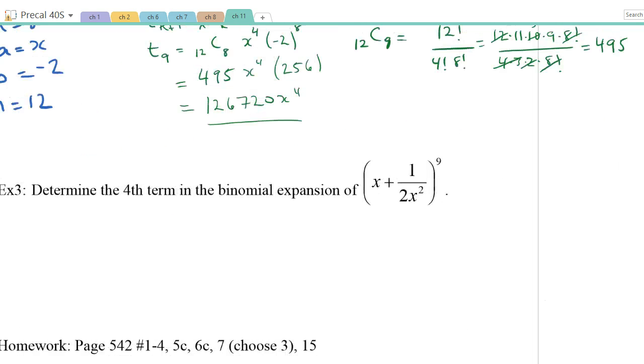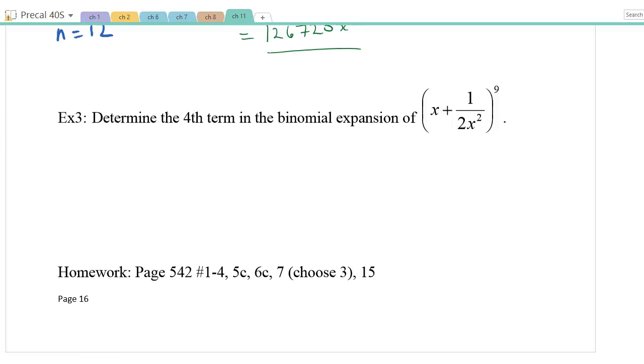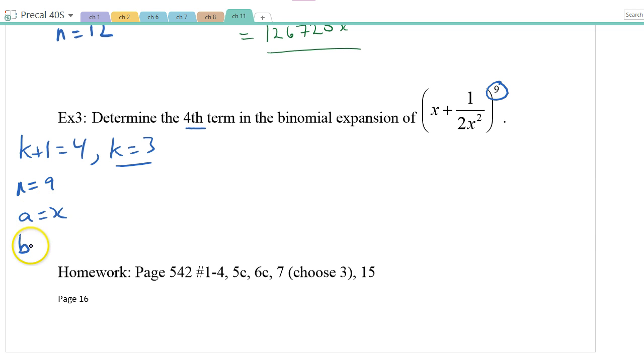Example number 3 says, determine the 4th term of this expansion. Well, let's do the same stuff we did before. First of all, the 4th term means that k plus 1 is equal to 4. So that means I know that k is going to be equal to 3. And looking over here, n is equal to 9, a is equal to x, and b is equal to, it's a little bit crazy here, 1 over 2x squared.